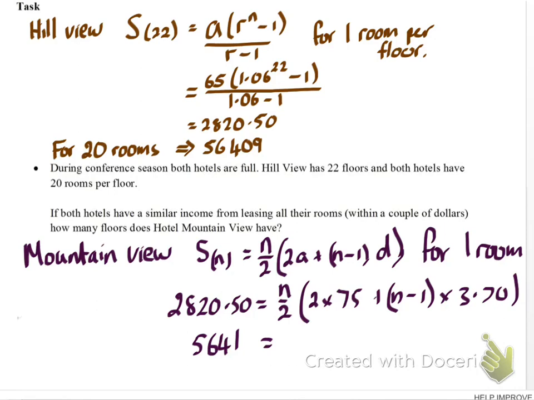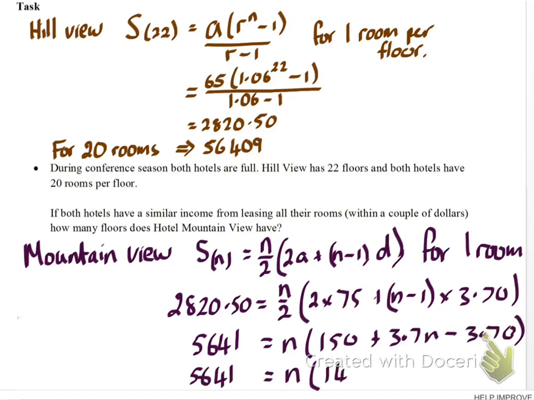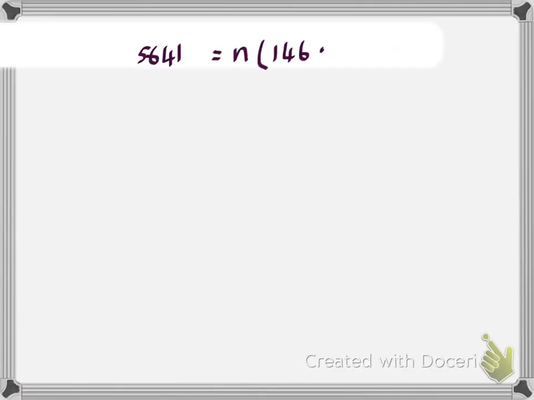Multiply the 2, n over 2, take the 2 to the other side, multiply it, and also 2 times 75 is 150, expand your brackets out, and tidy it up a bit. Now we're either going to expand it and solve it by your calculator, or we could do this by trial and error. I'm going to do this by a little bit of trial and error here.